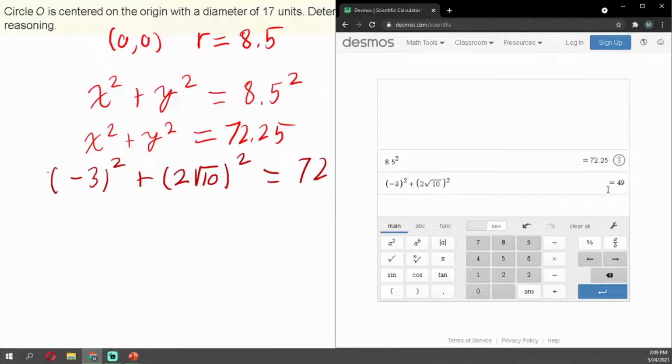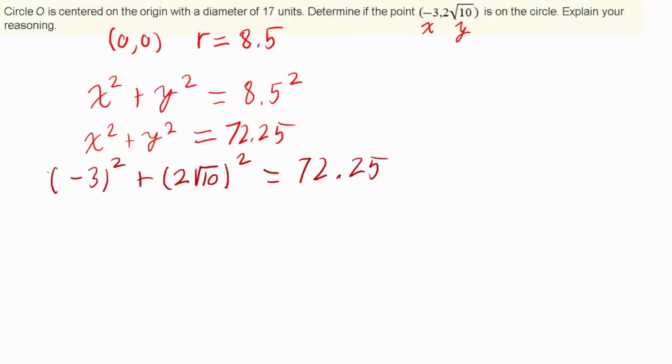Now, I don't know about y'all, but 49 is not equal to 72.25. So here we get 49 is not equal to 72.25. So what does that mean?